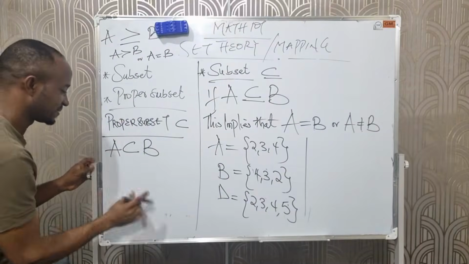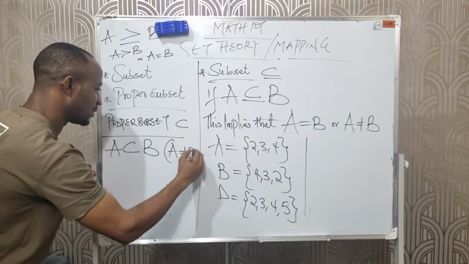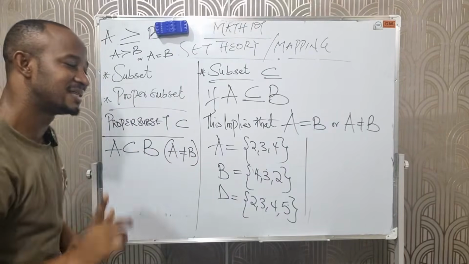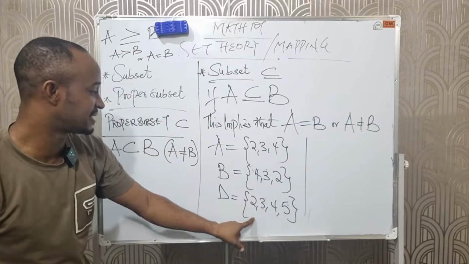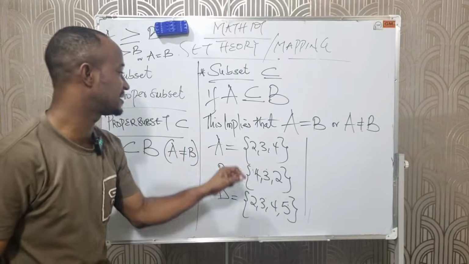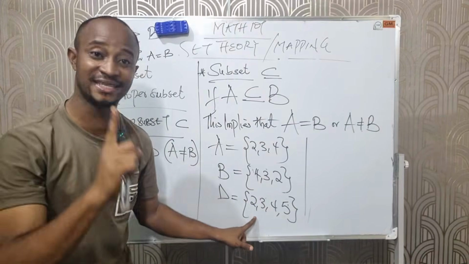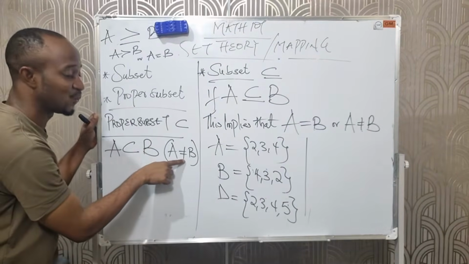What is the condition? That A is not equal to B. That implies that between this and this, I can also say that A is a proper subset of D, because A is not equal to D.